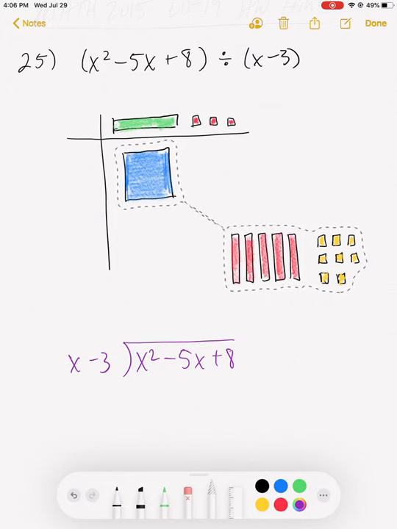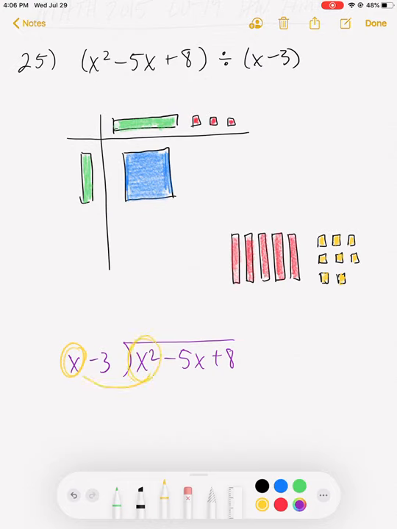So I'm going to draw my x part right here. I know there has to be an x there because it's going to be positive x, since I'm thinking about how many of these x's fit into x squared. Okay, so there's x of them. So I'm taking my x minus 3 here, the x part, and thinking about how many of them fit into the x squared. There has to be x of them.